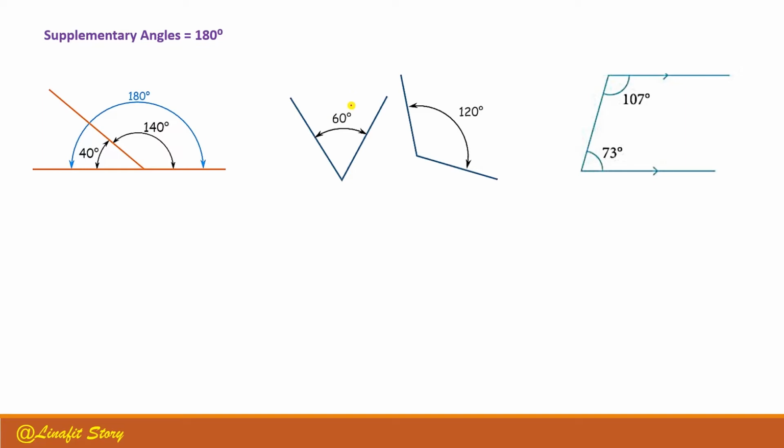These two are supplementary because 60 plus 120 is equal to 180 degrees. And then here, 107 plus 73 is equal to 180 degrees.